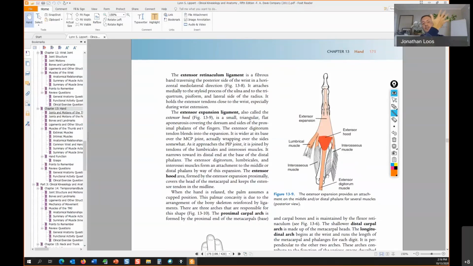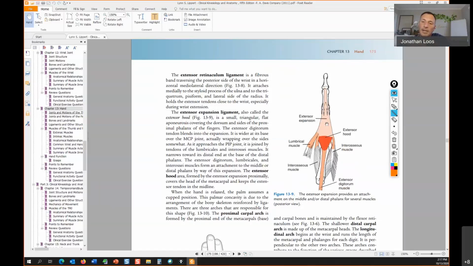If you just do extension with your fingers, you can feel that contract right here. It comes all the way up and goes to the distal end, the distal phalange at the proximal component there. And it works in conjunction with the interosseous muscle, so you can do all types of different extension components.